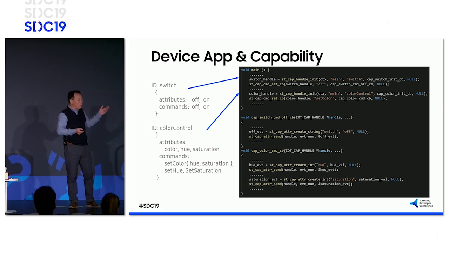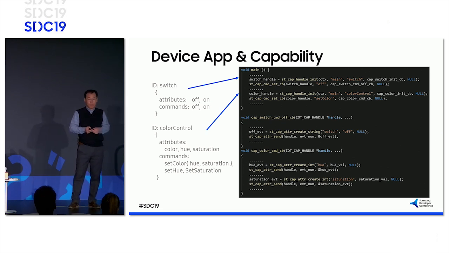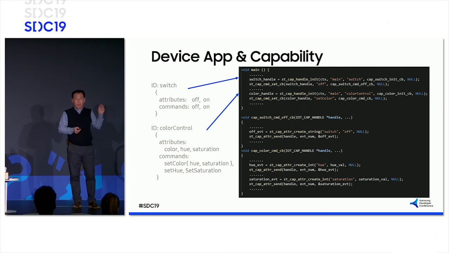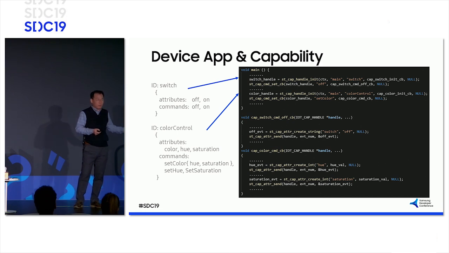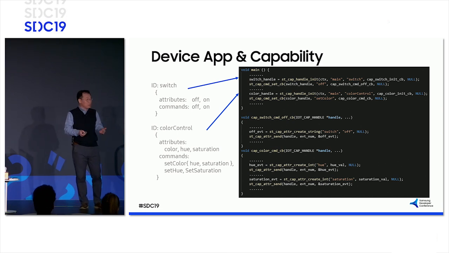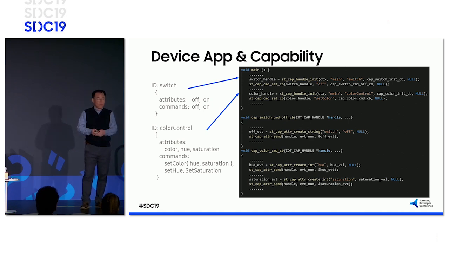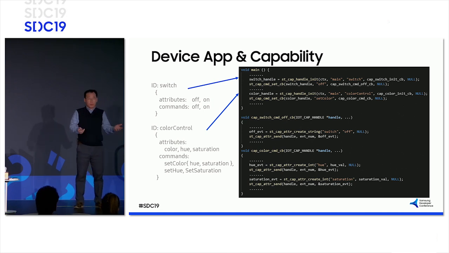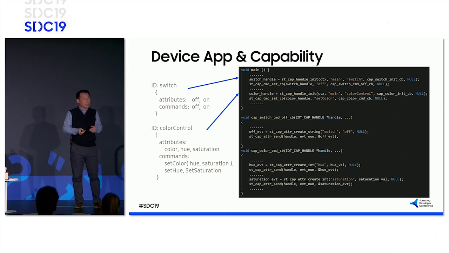These codes are core of device app. The lines of code are 10 lines for one capability. It is fairly simple and easy to implement the device app with the SmartThings Device SDK APIs. Hopefully, you could experience device app code by yourself in CodeLab.